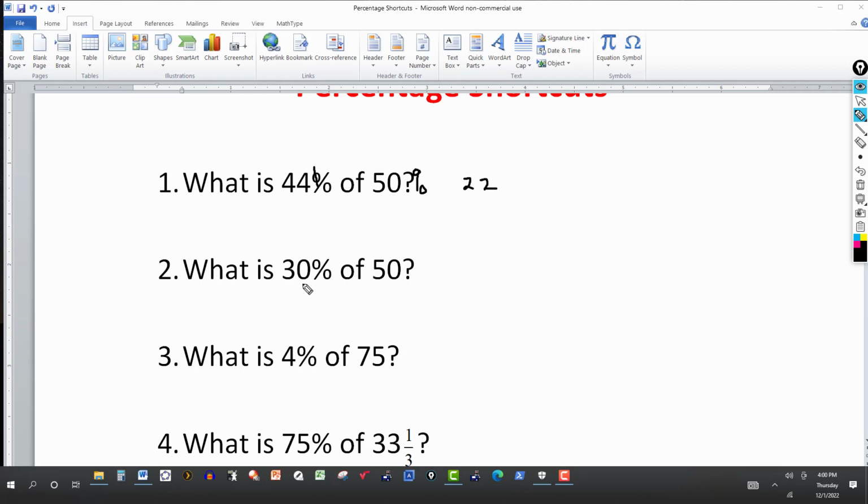Next one is similar. 30% of 50, again, you can multiply this as 0.30 times 50. Or you could just say, let's switch it around, make it easier. Say it's 50% of 30 is what number? 15. Next one, what is 4% of 75? Again, this is one digit here, so you can multiply it out.